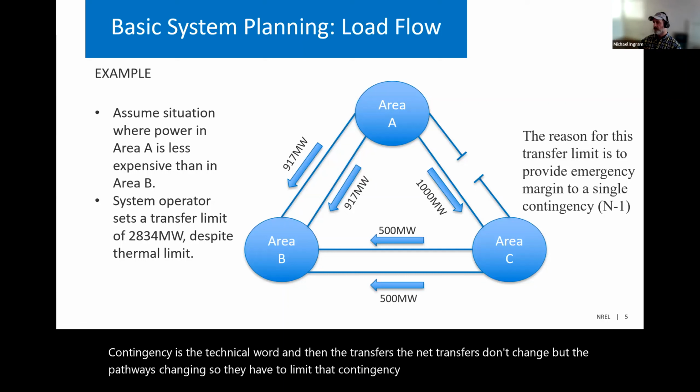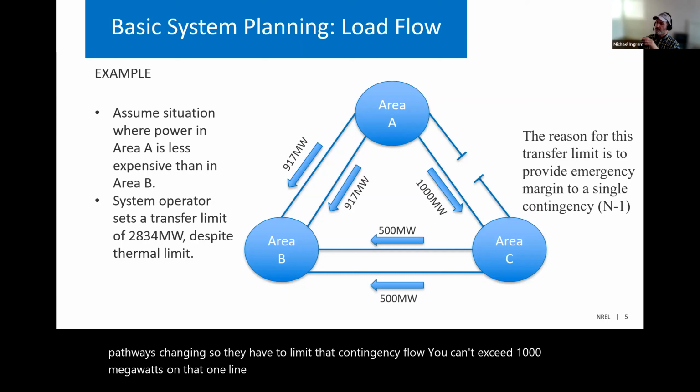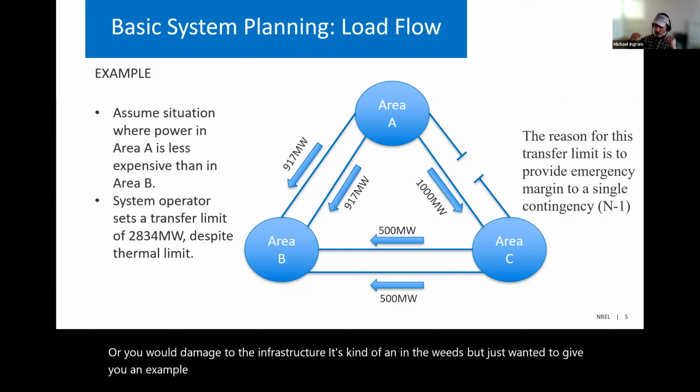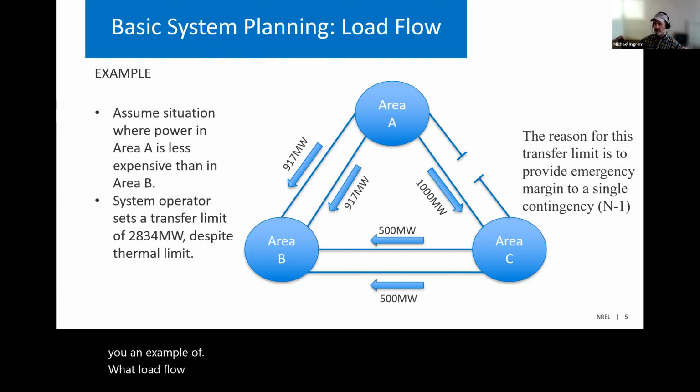You can't exceed 1,000 megawatts on that one line between A and C, or you would damage the infrastructure. It's kind of in the weeds, but I just wanted to give you an example of what load flow is when it's discussed by the utility, or when you see it described in interconnection requests.